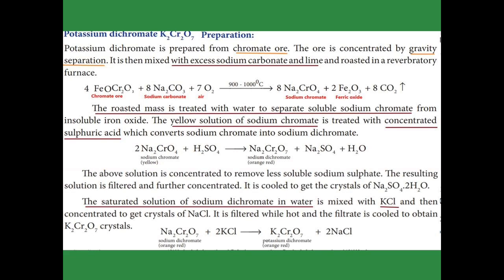After cooling, we get sodium sulfate with 2 moles of water as crystals. Now the saturated solution containing sodium dichromate is mixed with potassium chloride. The sodium in the sodium dichromate is replaced by potassium of potassium chloride, so we get potassium dichromate. Along with it, the sodium combines with chlorine to give sodium chloride.